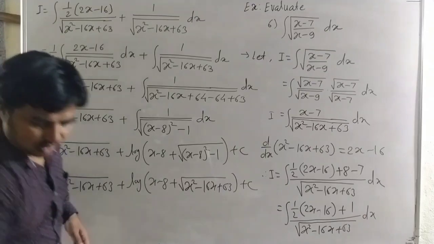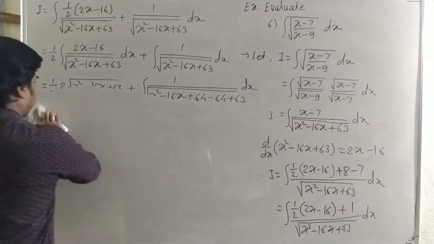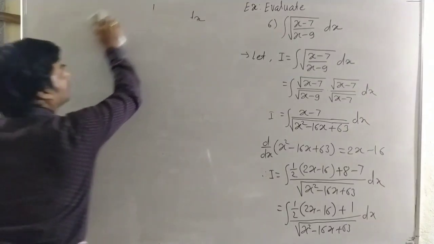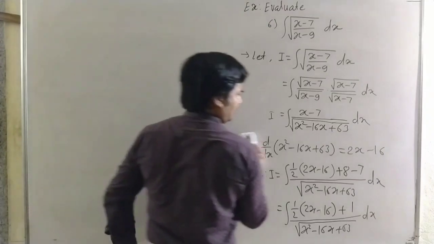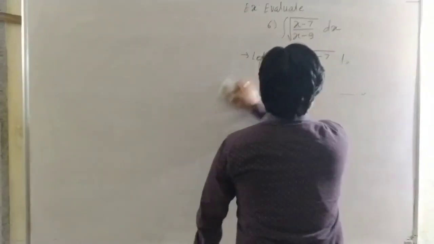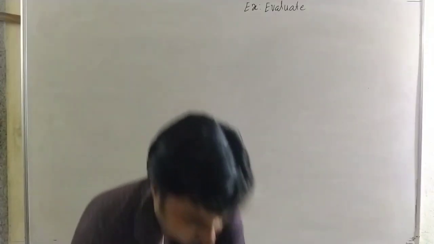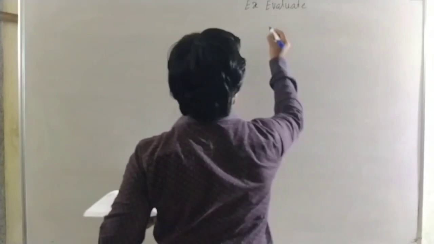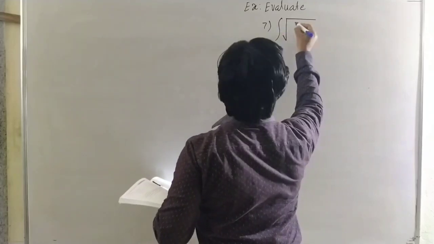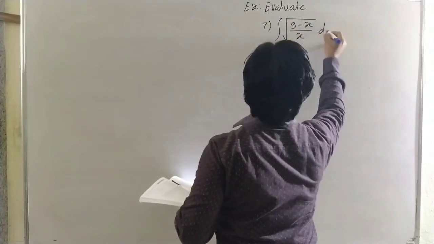Now we can see the next example. Example number 7: integral of under root 9 minus x upon x dx.